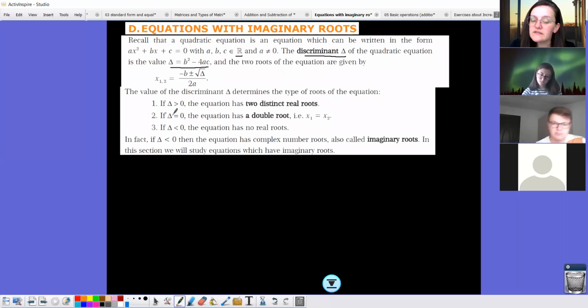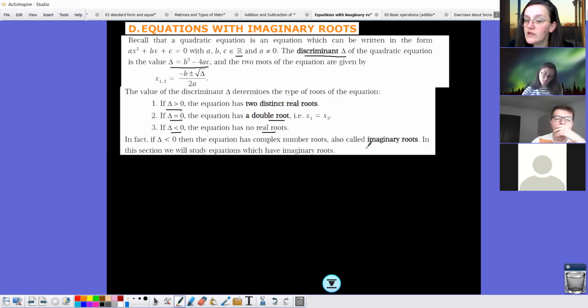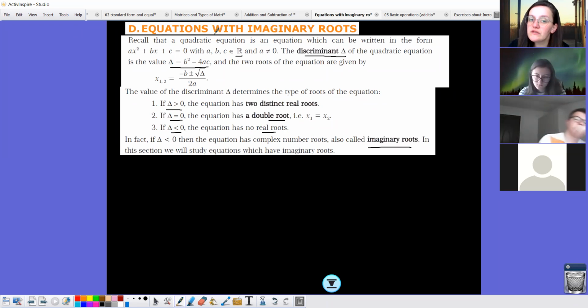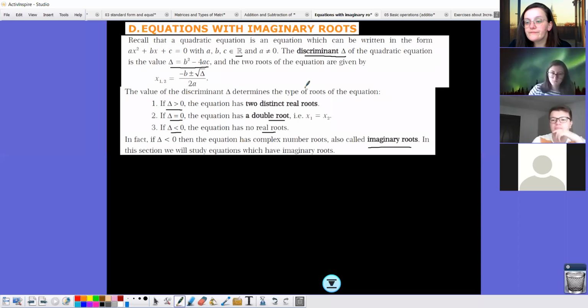These are the three cases: when the discriminant is greater than 0, two different roots; when it is equal to 0, a double root; and when it is less than 0, no real roots, but now we'll have imaginary roots. Okay, you can write the title. These things, I think that you know. You don't have to write everything.